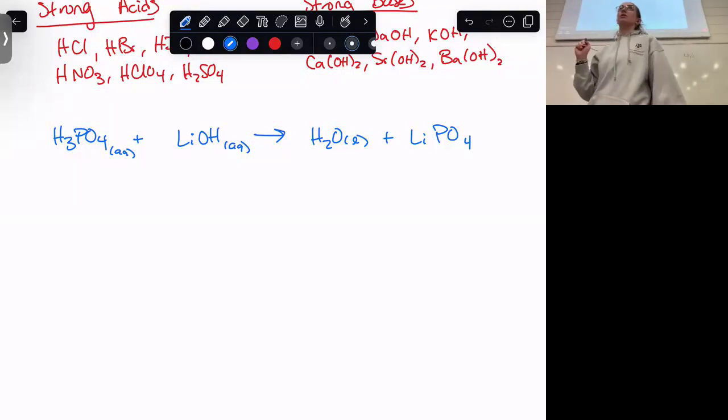So what do we need to do to our lithium? We've got to give it 3 lithiums as well. So you can manipulate the subscripts here because we are predicting the products.